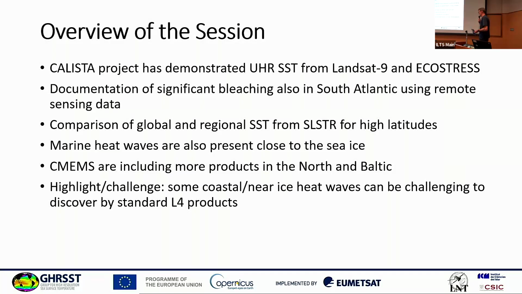The fourth presentation was on marine heat waves, which are also present close to the sea ice, in this context in the Antarctic, and the challenges with using coarse grid SST products, level 4 products, to study small scale hotspots close to both the coast and the sea ice.